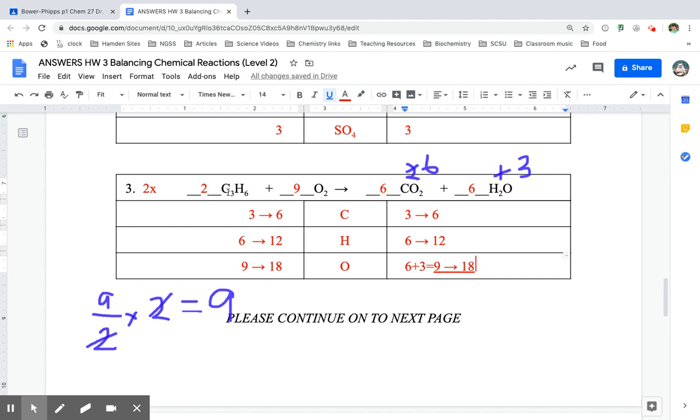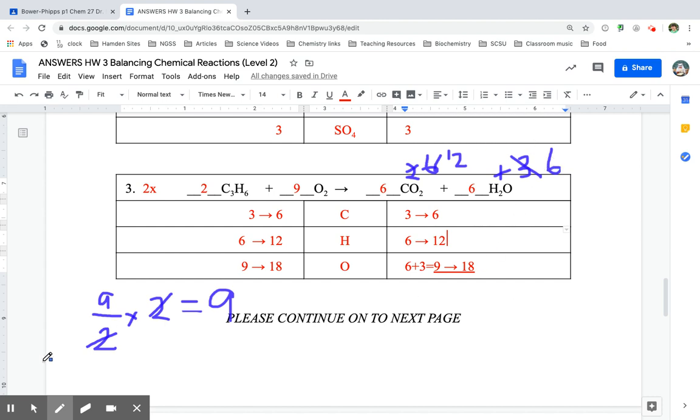Because I have 2 times 3 is 6. 2 times 6 is 12 hydrogens. 9 times 2 is 18 oxygens. 6 times 1 is 6 carbons. 6 times 2 is 12 hydrogens. And now 6, my new oxygen total, 6 times 2, this one is 12. And 6 times 1, this new total is 6. 12 plus 6 is 18.